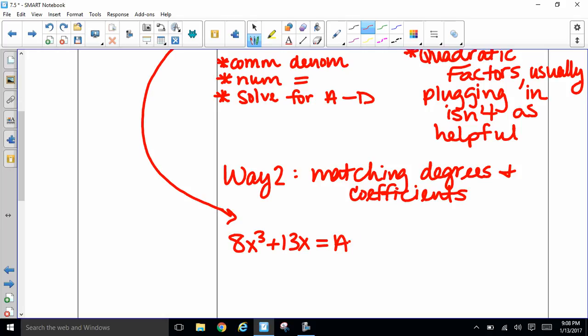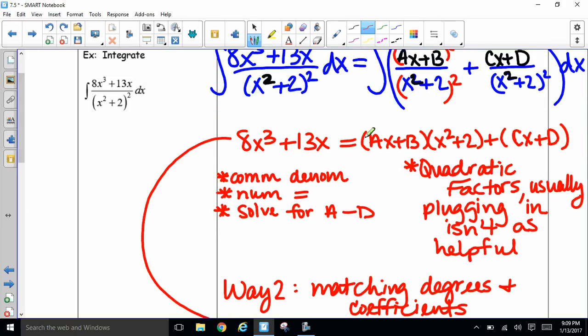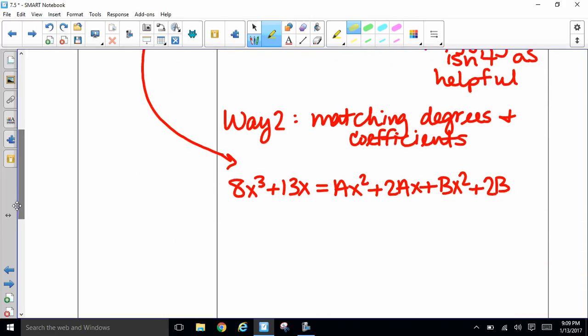So I get ax squared plus 2ax plus bx squared plus 2b. So you're foiling this whole first set that you see. And then sometimes you will have several other things that you're foiling as well. But I don't here, I just have to add cx plus d.